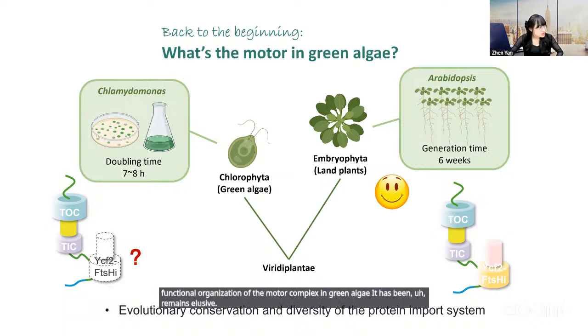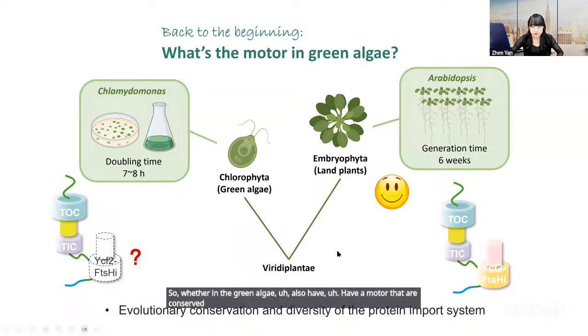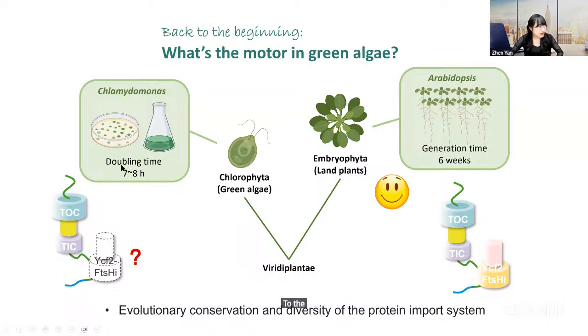So whether green algae also have motors that are conserved with the land plant? So then we go back to the starting point, Chlamydomonas, to study this motor, to reveal the evolutionary conservation and diversity of the protein import system.